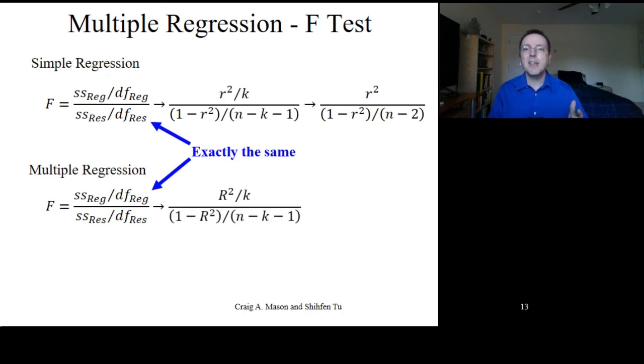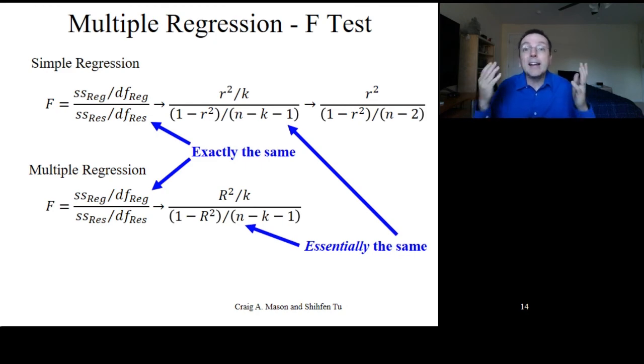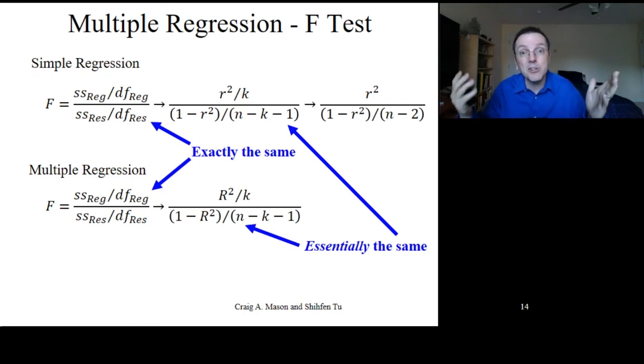It just uses the multiple R squared instead of the Pearson R squared. This is essentially exactly the same as in simple regression, except in simple regression, K, the number of predictors, was, by definition, always equal to 1, and in multiple regression, K can be 2 or 3 or 4 or more.